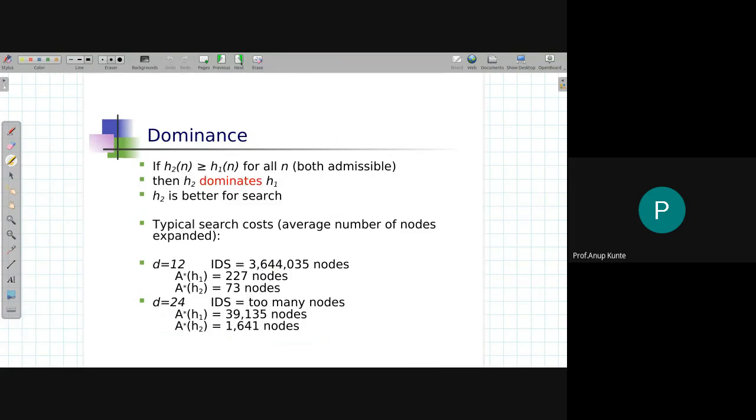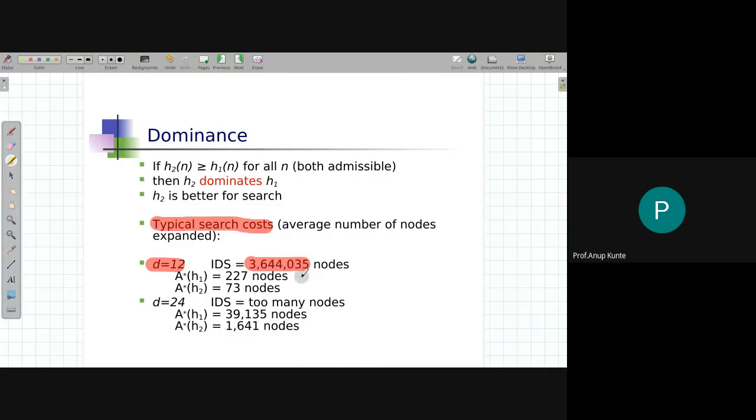Remember how many nodes were expanded. Okay, how many nodes were expanded, typical search cost. So do note the search cost, do it repetitively again and again by randomizing this process. Okay, identify what is the depth of the solution, identify how many nodes are required to be visited in order to reach the solution on an average.